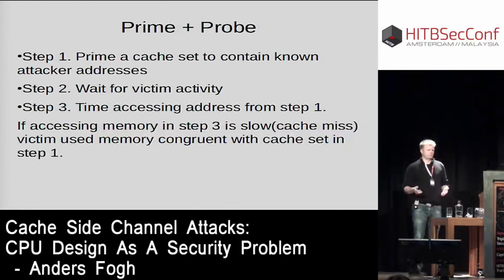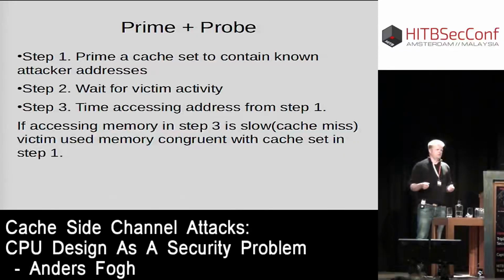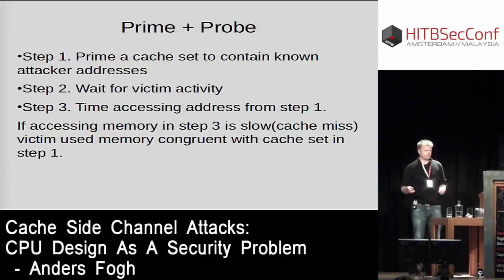Secondly, we just wait for victim activity, and finally we time accessing addresses used in step 1. What happens is, if the victim used something congruent to this set, he will throw out one of our addresses, and we'll get a cache miss when we try to access it, and we'll know he used memory congruent to this cache set.